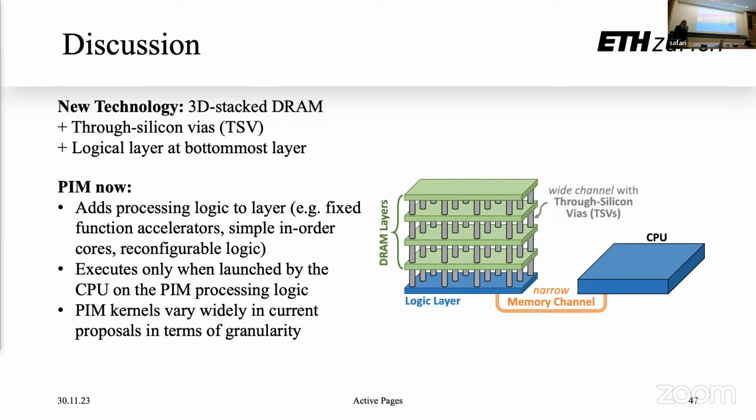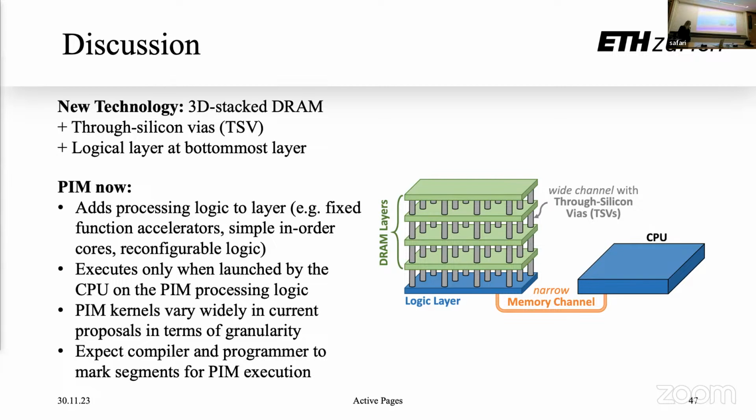Next, the granularity varies in PIM systems today, but that's not that important. One thing that is important is that PIM systems now specify that compilers and programmers should mark the data and code for execution in the PIM system.